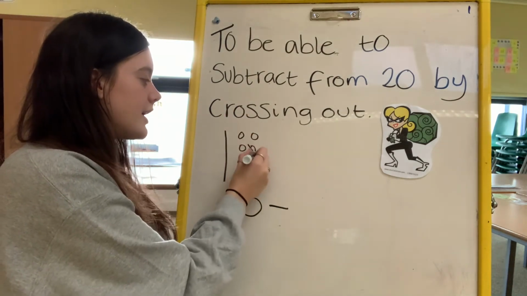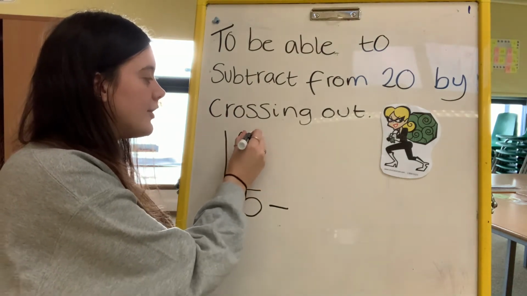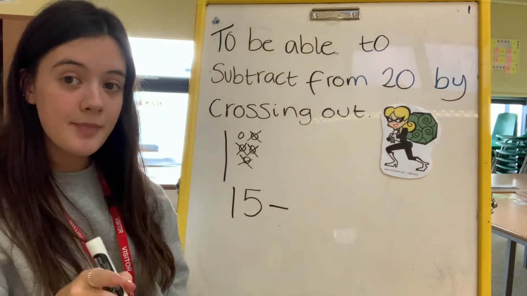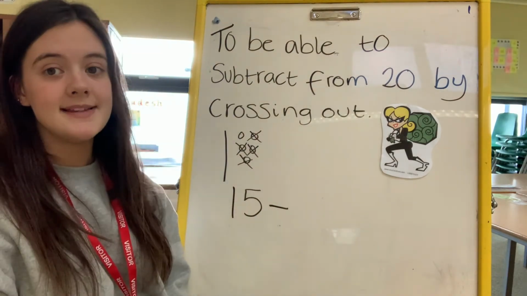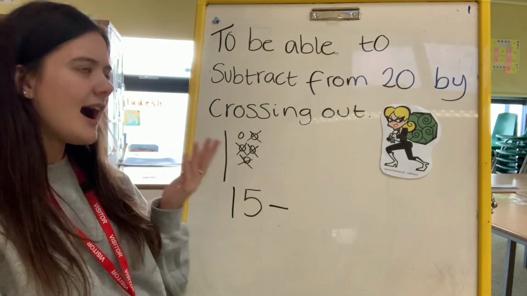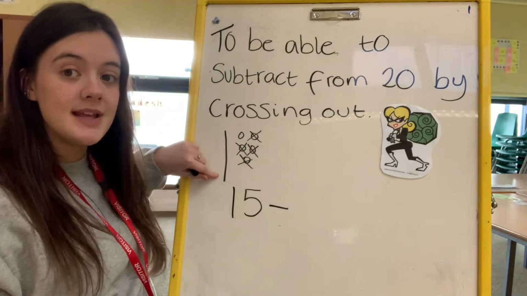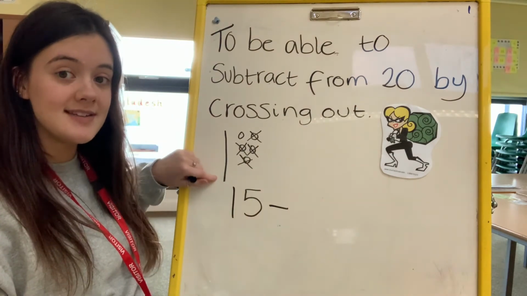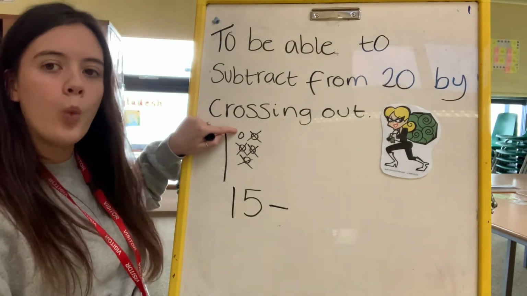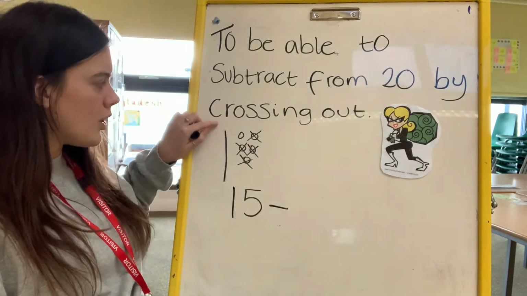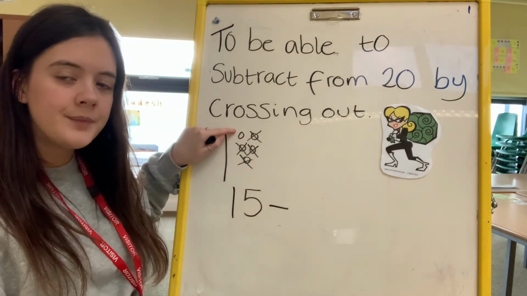1, 2, 3, 4. Have you done that on your piece of paper as well? Amazing, well done. So how many do we have left? We know that this represents 10, don't we? And we have 1 left. So what's 10 add 1?